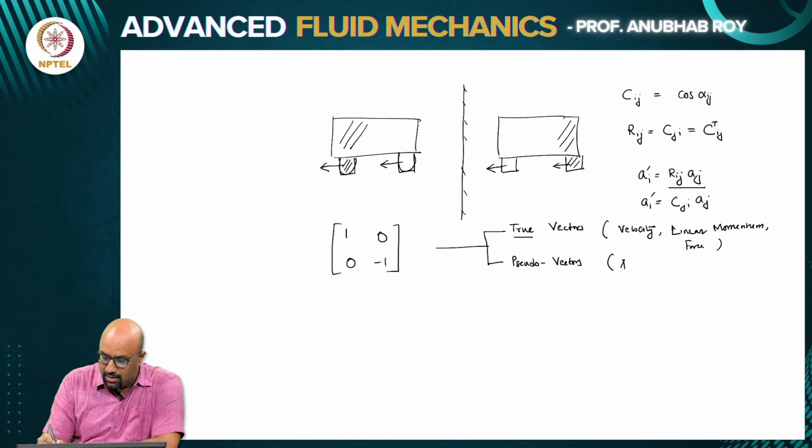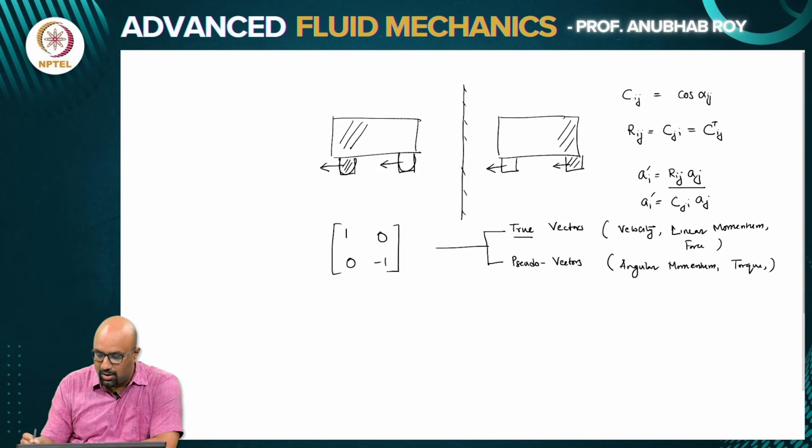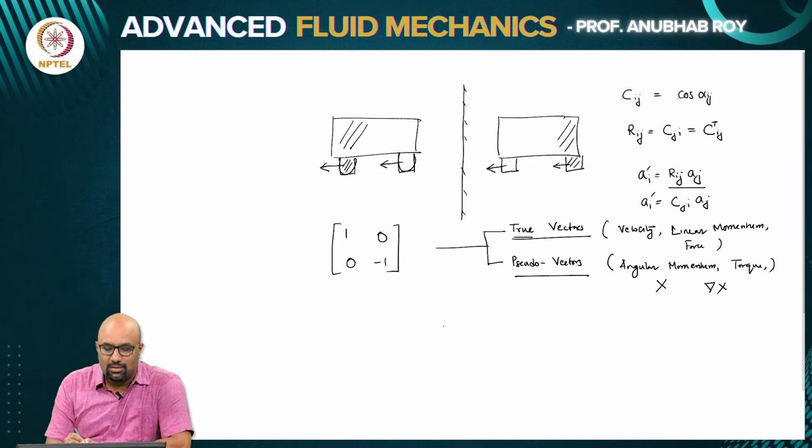So, these would be the counterparts of angular momentum, torque and similar quantities, which usually come about when you are trying to take a cross product or take a curl. So, whenever you do a cross product, you have to choose a handedness of the coordinate system, and this handedness basically decides that there are certain objects which care about the handedness, those are pseudo vectors, and certain objects which are deciding whether you have a true vector.